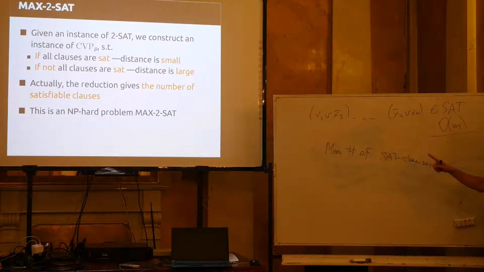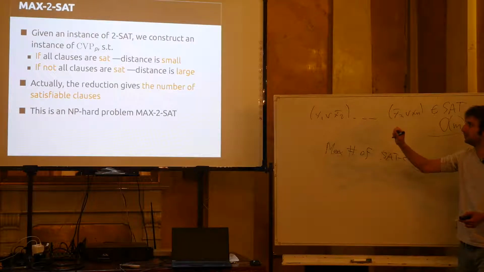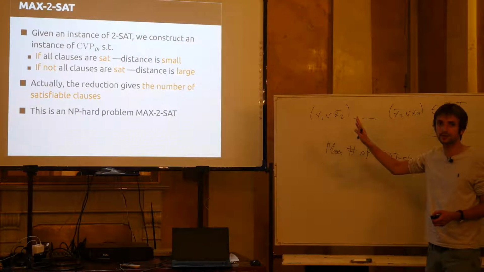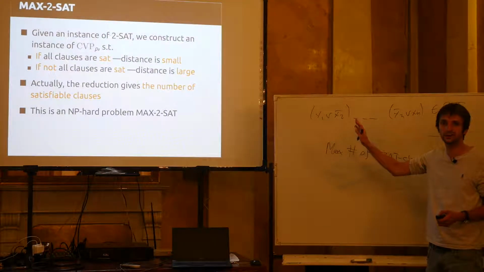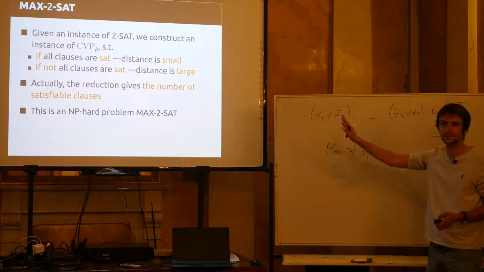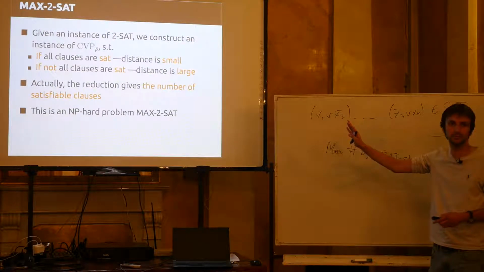Choose the maximum. This problem is NP-hard. So we just reduced an NP-hard problem to CVP. In particular, we proved that CVP is NP-hard. Questions? And this works for every p. I wrote those distances in terms of p, so it works for every p.